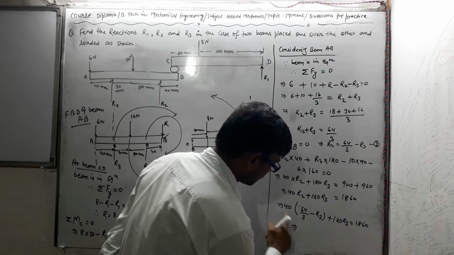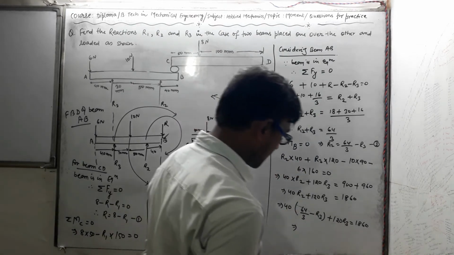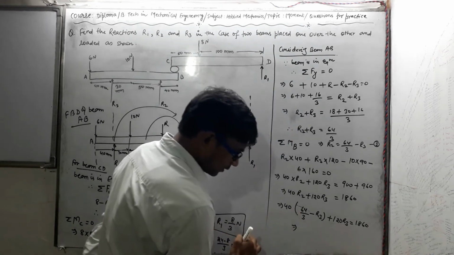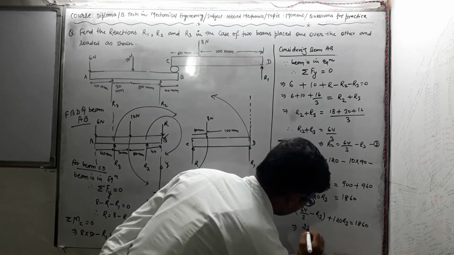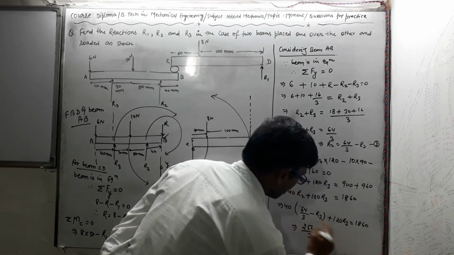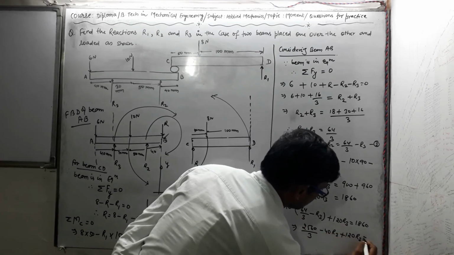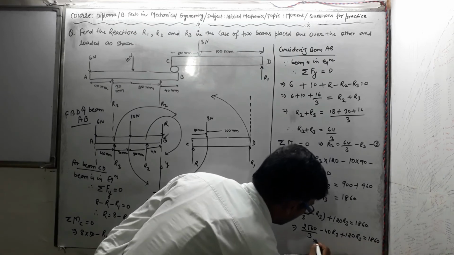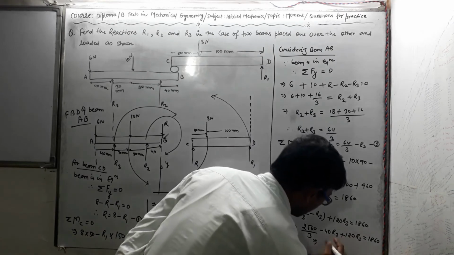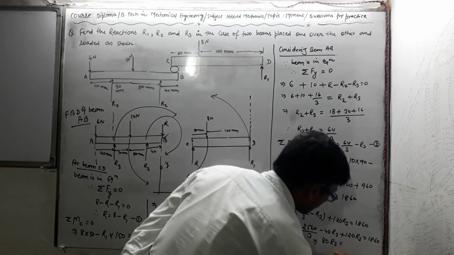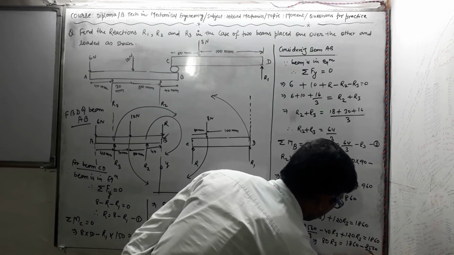While solving this, it becomes 2560 upon 3 minus 40 R3 plus 120 R3 gives 1860, or while transposing this to the right hand side, it becomes negative. So 80 R3 equals 1860 minus 2560 upon 3.